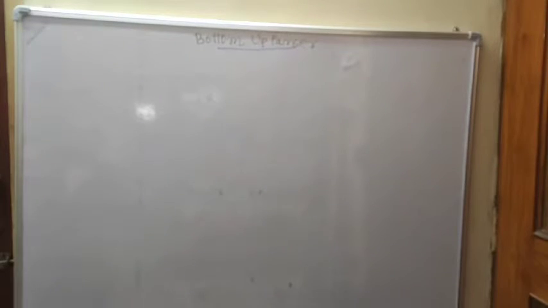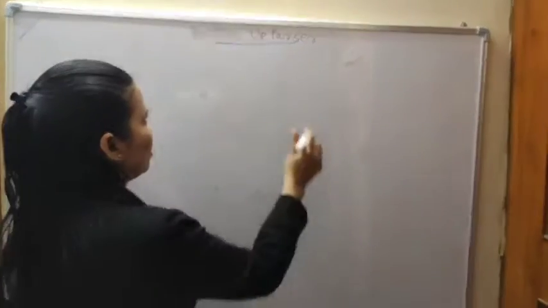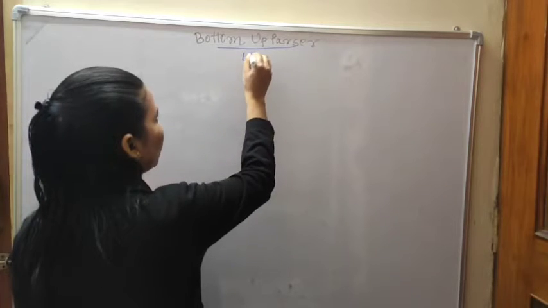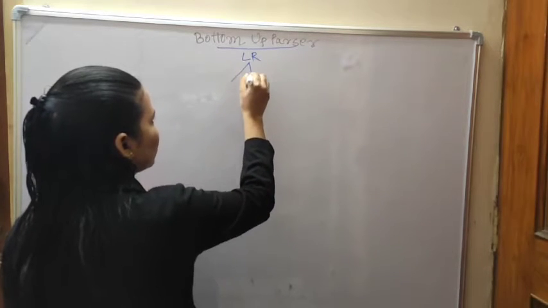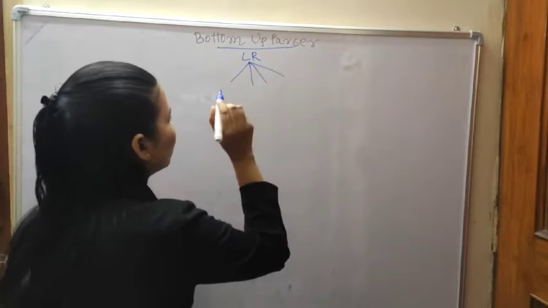Now we will see the LR parser. LR parser has 4 types.